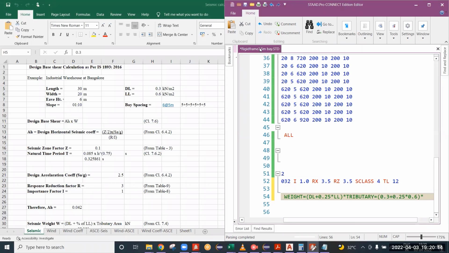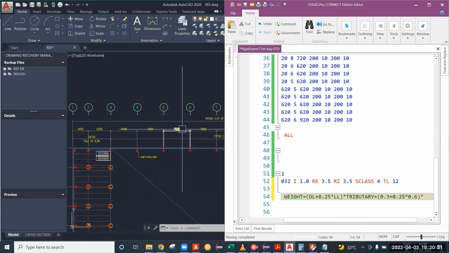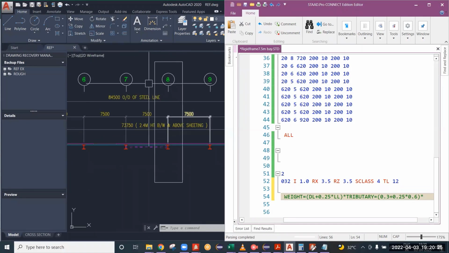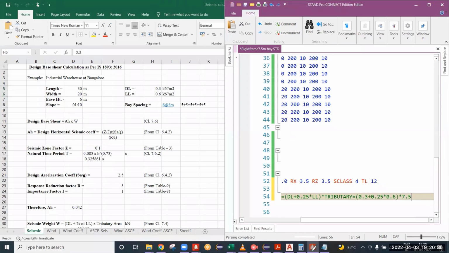We are doing tributary of 7.5, because the adjacent tributaries, if you see in the plan, 7.5 plus 7.5 divided by 2, that is 7.5, the average load width of grid line 8. So that is the value I am taking here. I am not giving width here.